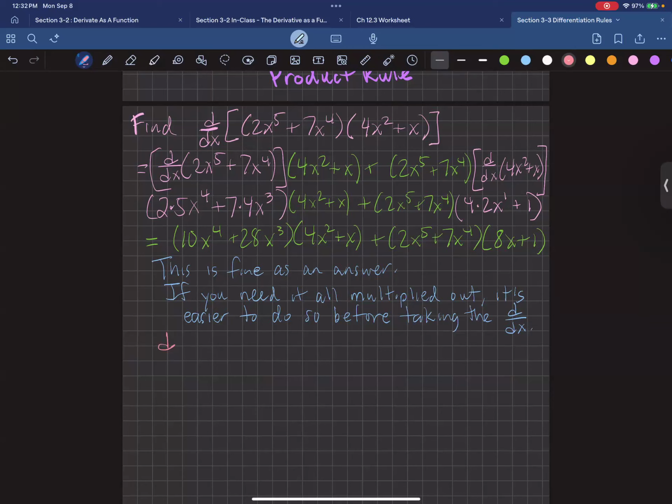So if I multiply that out up above, I have 8x to the 7th plus 2x to the 6th plus 28x to the 6th plus 7x squared. I'm going to combine like terms real quick.